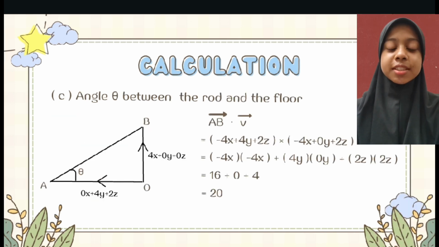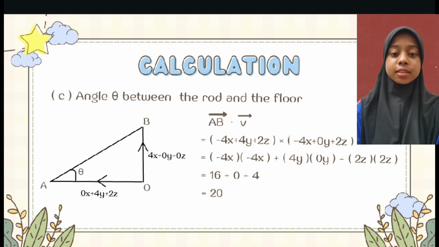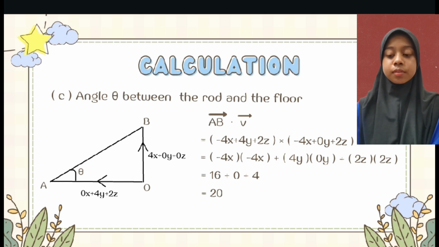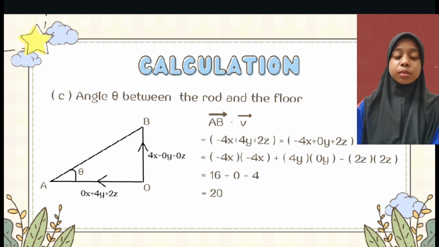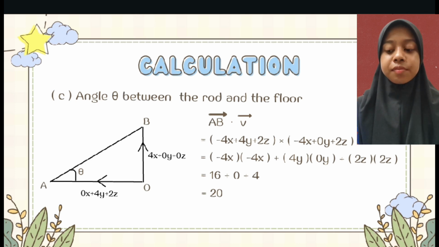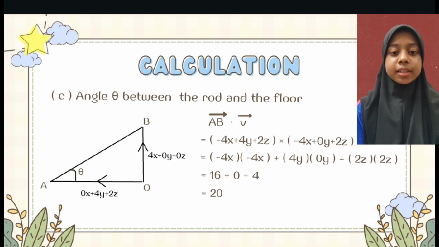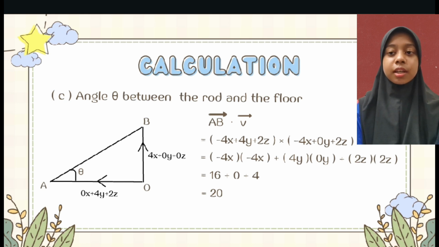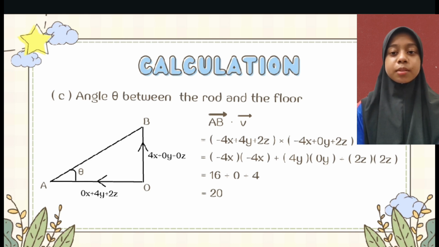So for the last question, we need to find the angle theta between the road and the floor. First, we need to find the dot product of the vectors in the diagram. Calculate the dot product for AB and V. So, negative 4x plus 4y plus 2z times negative 4x plus 0y plus 2z.